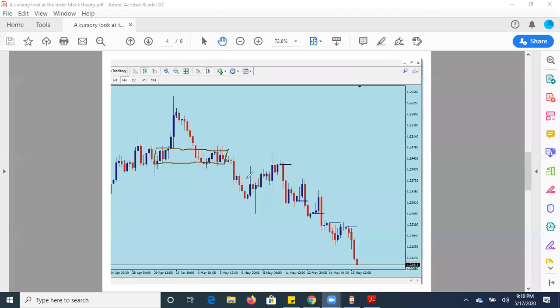Then we had this order block here. We had the whole of this point being the new order block, which is the last bullish candle before this drop, right? And we're expecting after this rejection that price was going to trade into the order block and drop.